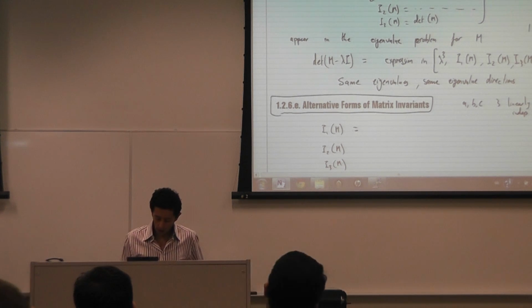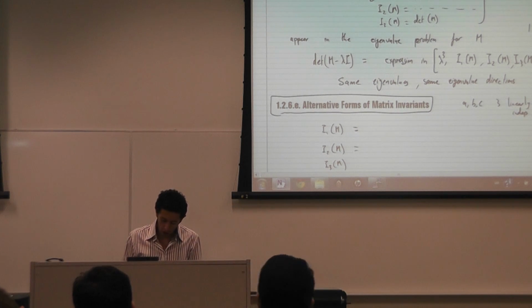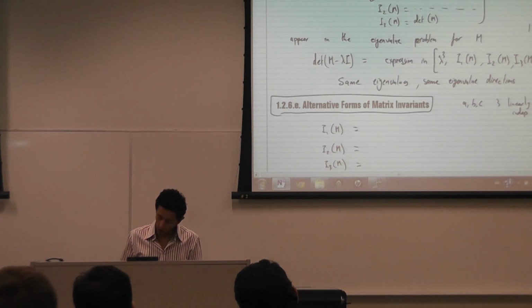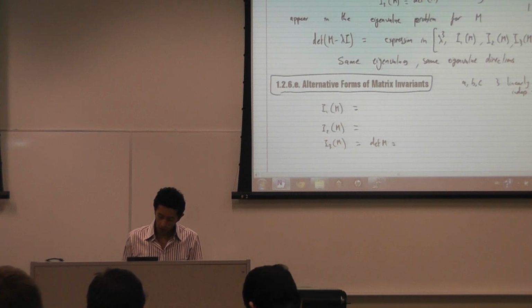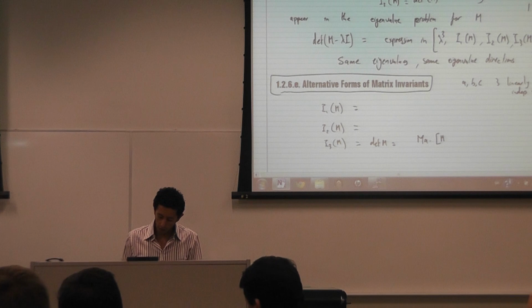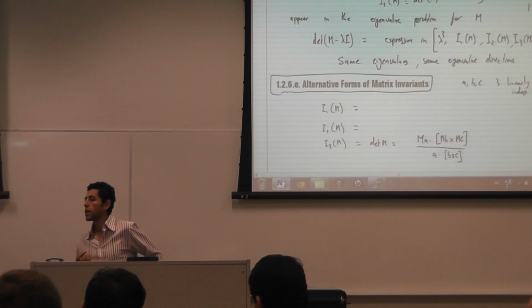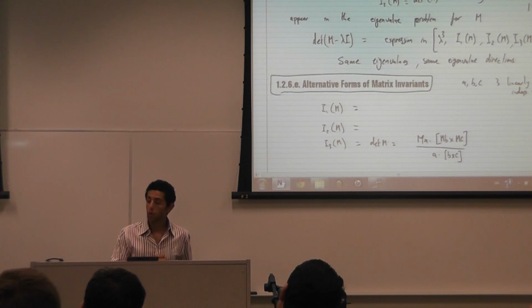You have certain expressions, so check those expressions. I will write you I3 of m, which is equal to the determinant of m, for example, is equal to ma dot mb cross mc divided by a dot b cross c. And those who work in continuum mechanics who don't like to use components prefer the alternative forms of matrix invariance.